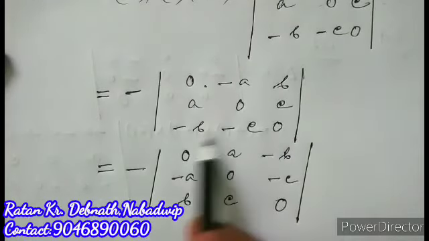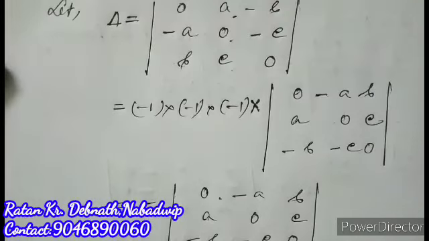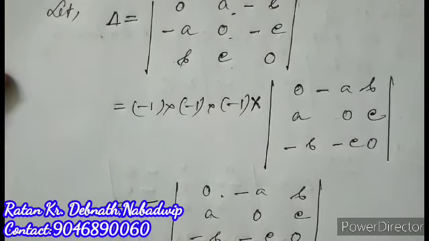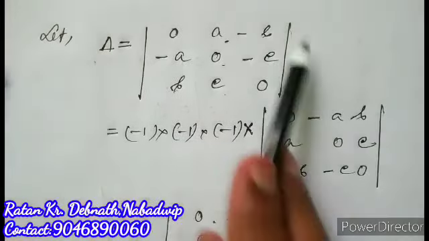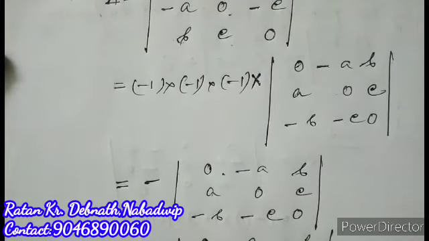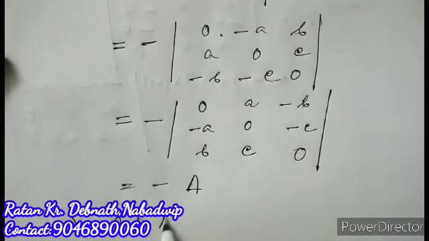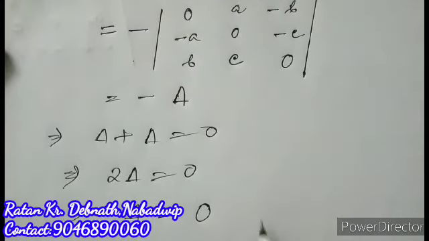Now look, this determinant is exactly equal to the determinant given here, so we can put minus delta. As we assumed delta equals to this, we can put here delta, which implies delta plus delta equals 0, that is 2 delta equals 0, that means delta equals 0. Proved.